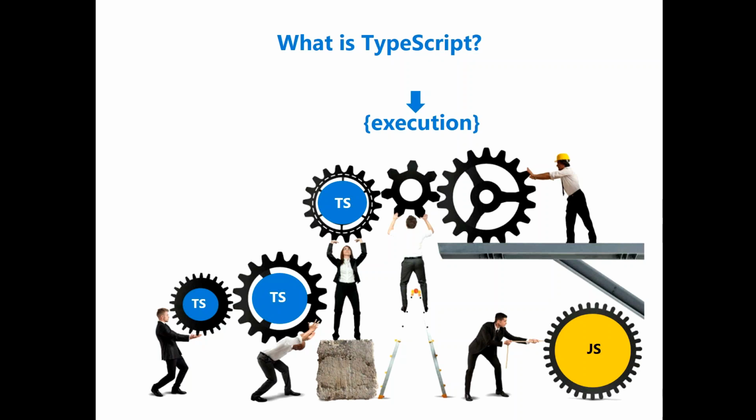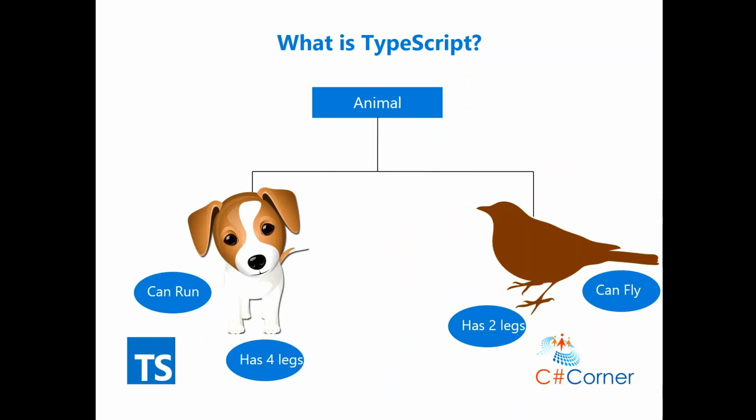TypeScript is a strongly typed and object-oriented language. It supports classes, inheritance, interfaces, and properties, as you have seen in C and Java. We can create objects and properties associated with each. With that, the whole project is object-oriented, which makes it easy to maintain the source code of larger projects.